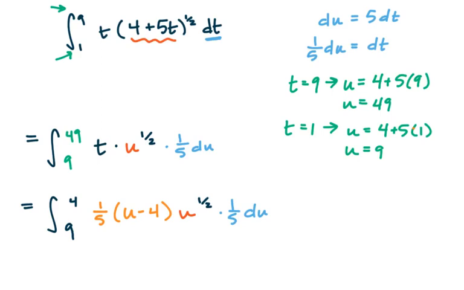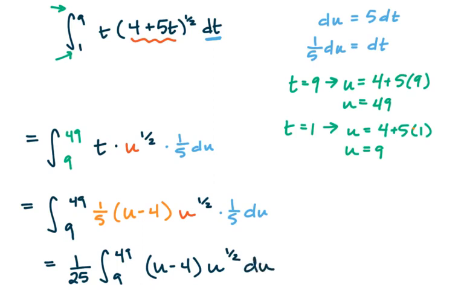All right, so thinking about this, those 2 times 1/5, they can come out in front, and I have 1/25. The integral from 9 to 49 of u minus 4 times u to the 1/2 du.